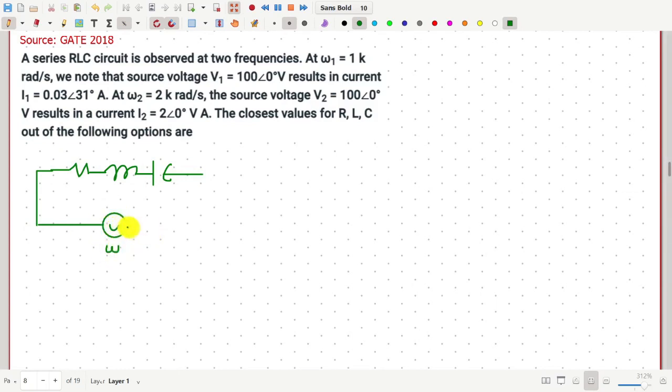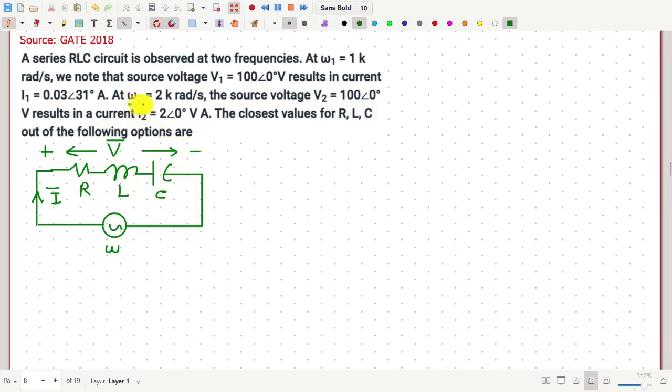Let the frequency be omega and the voltage across this RLC combination is V bar phasor voltage, and the current through them is I bar phasor current. Now the values of this voltage and current are given at two particular frequencies, omega 1, 1 kiloradian per second, and omega 2, 2 kiloradian per second. From that we have to find the values of R, L and C.